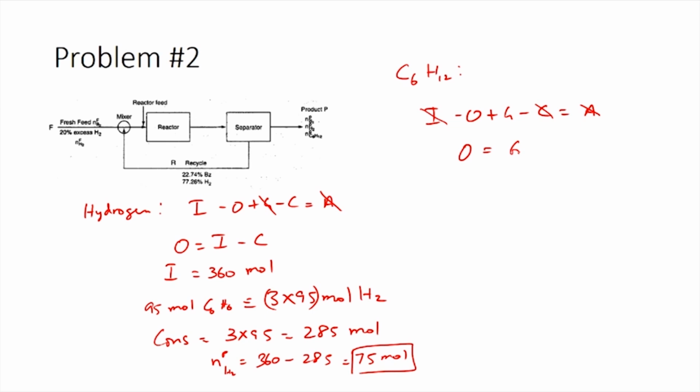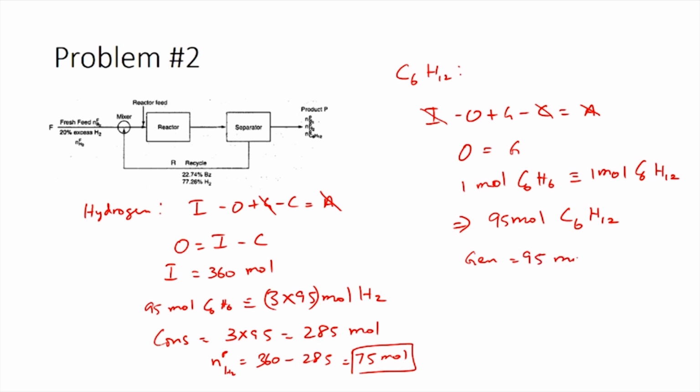Using the stoichiometry, we know that for every mole of benzene consumed there is 1 mole of cyclohexane produced. So, this implies 95 moles of cyclohexane would have been produced for 95 moles of benzene which was consumed. Therefore, generation would be equal to 95 moles.